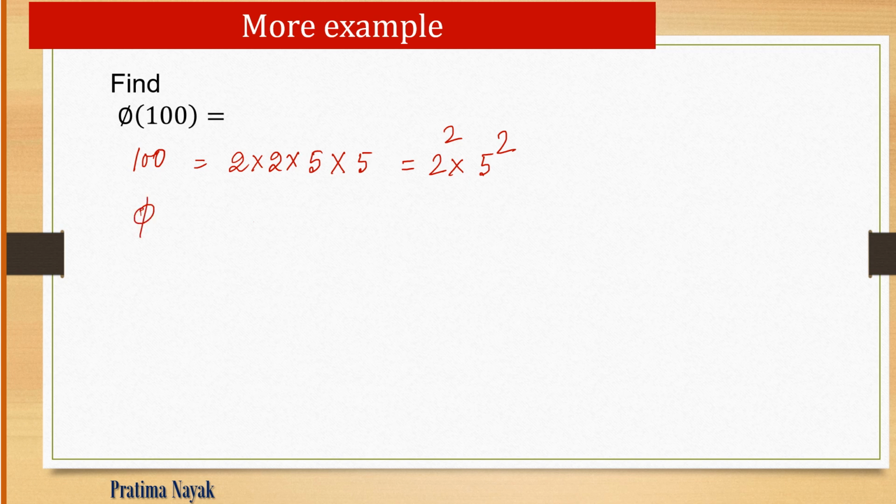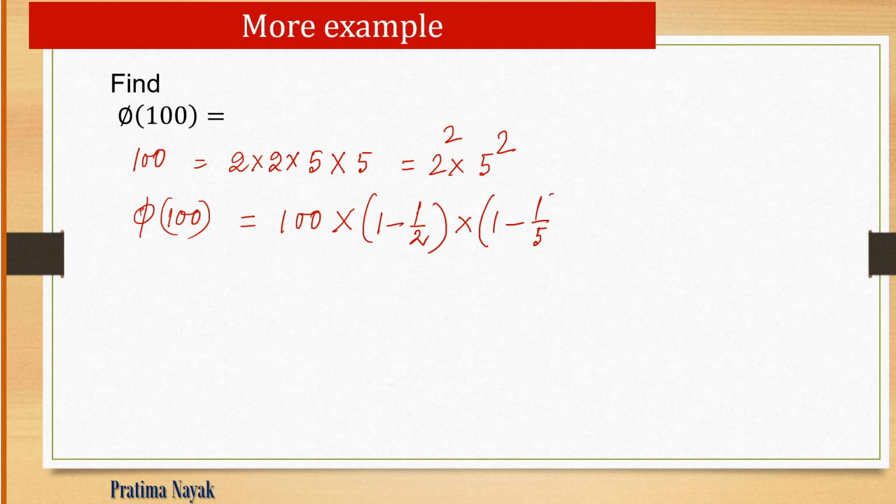So phi of 100 equals 100 multiplied by 1 minus 1 by 2, multiplied by 1 minus 1 by 5. Please note that it has nothing to do with the powers; we are writing only the prime factors here. So this will be 100 multiplied by 1 by 2 multiplied by 4 by 5.